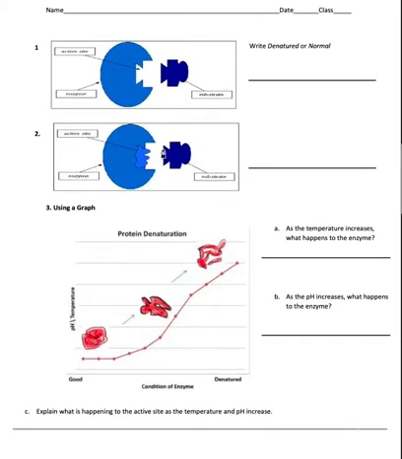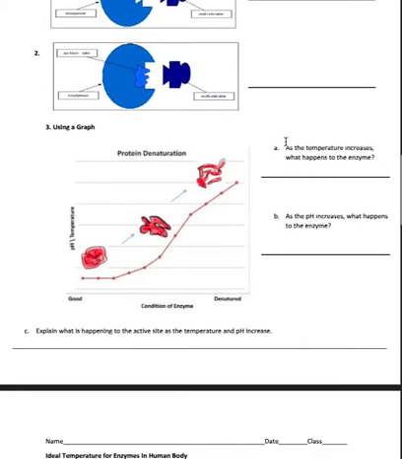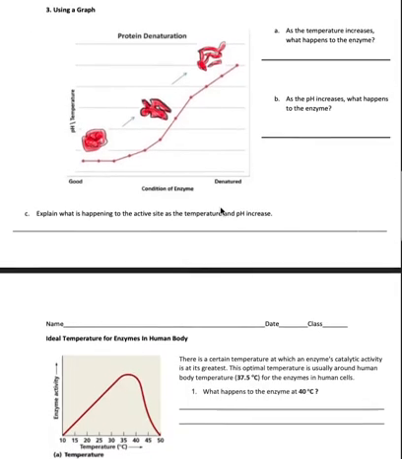Number 2 here depicts a slightly changed active site, which means this enzyme has become denatured. And again, two factors that affect the enzyme's ability to speed up the chemical reaction are pH and temperature. So as pH and temperature change, it changes the active site on the enzyme.